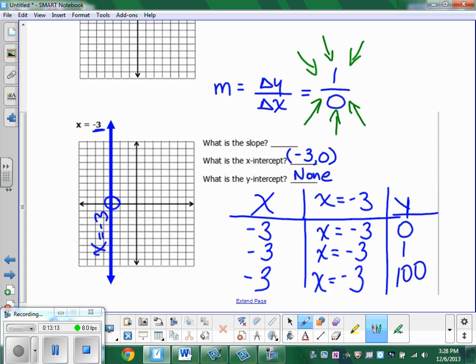This is known as undefined. We are not allowed to divide by 0 in mathematics. Thus, we call this slope undefined, which means anytime we see a line that is straight up and down, meaning a vertical line, we're going to have an undefined slope.